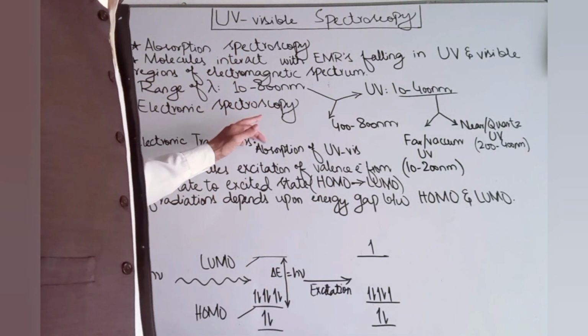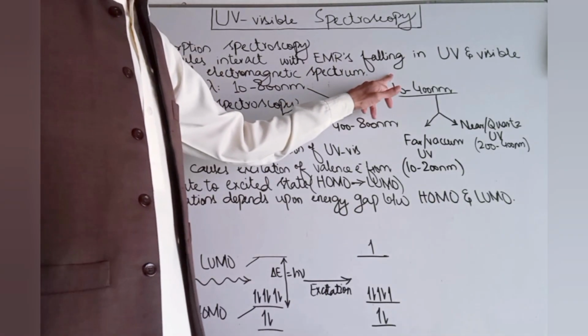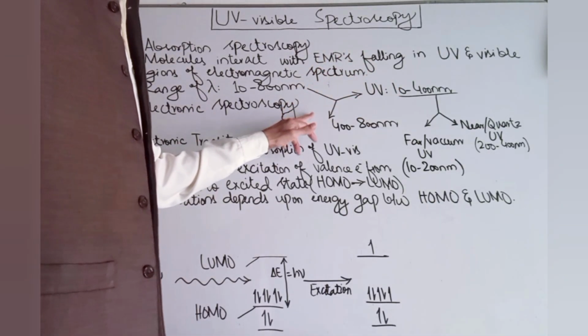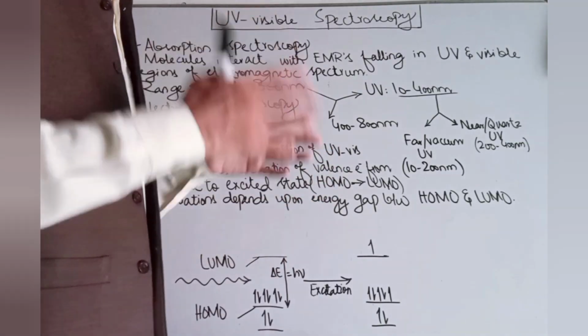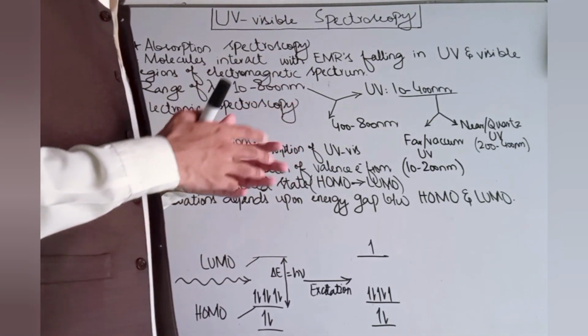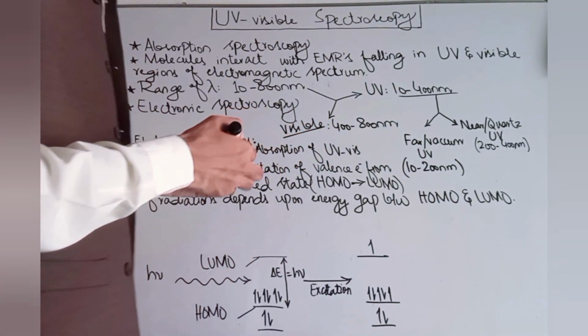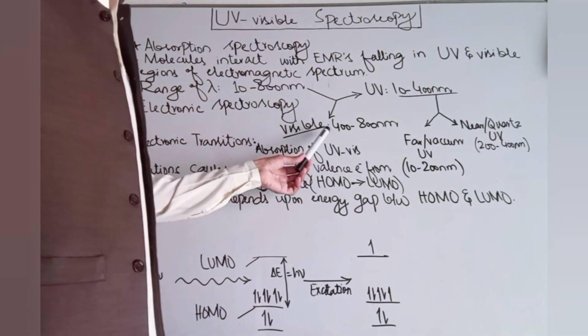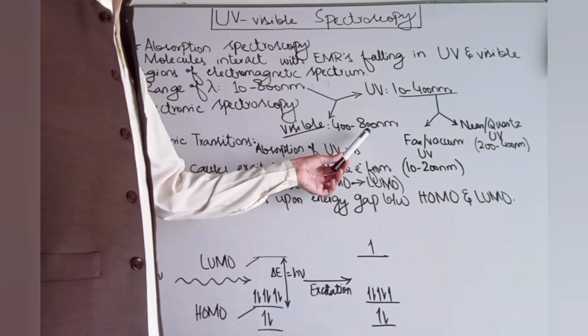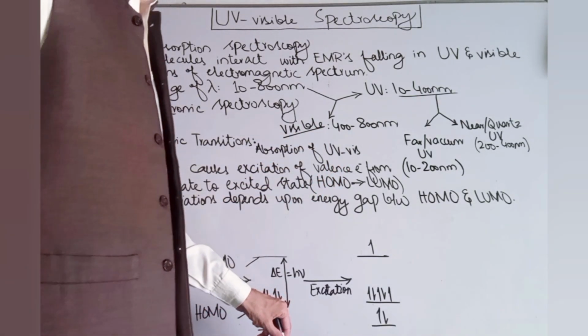One is from 10 nanometers to 400 nanometers. That is basically the ultraviolet region of the electromagnetic spectrum. And the second one is the visible region. So the region of the electromagnetic spectrum ranging from 400 to 800 nanometers is the visible region.